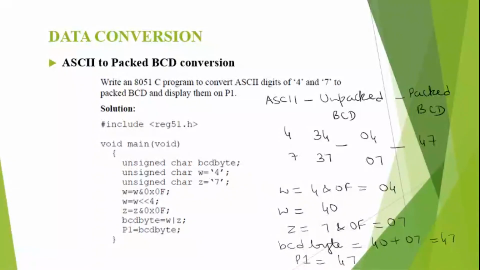So we can see the ASCII digits 4 and 7 are first converted to unpacked BCD 04 and 07 and then converted to packed BCD, that is 47, which is stored in port P1.